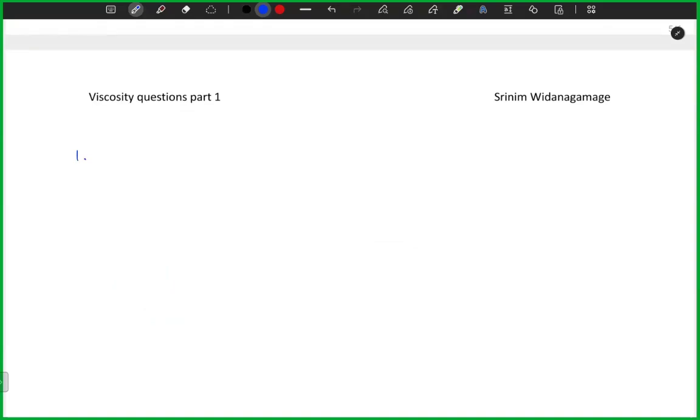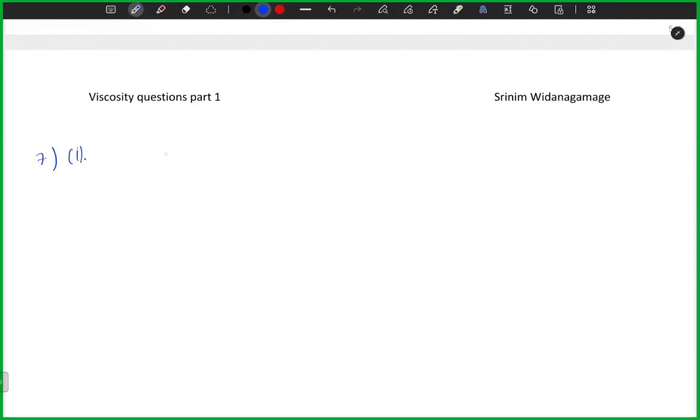Okay, so it says a laminar flow of a viscous liquid is maintained on a stationary horizontal plate. The top layer of the liquid is moving with a velocity v, and the stationary bottom layer is at a depth d. If the coefficient of viscosity of the liquid is eta, write down an expression for the force F that has to be applied on the surface of an area A of the top layer.